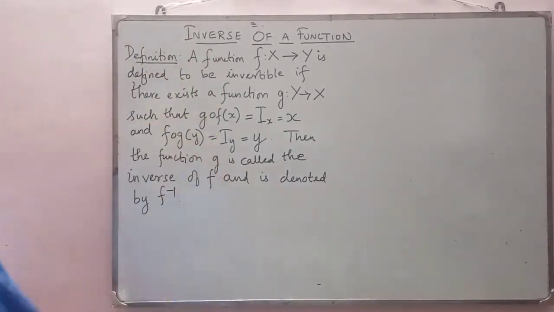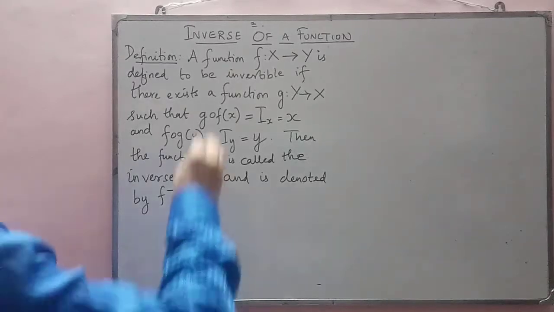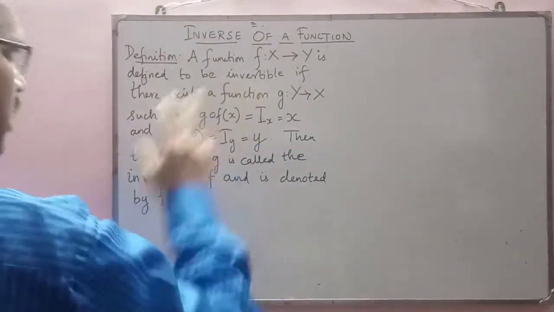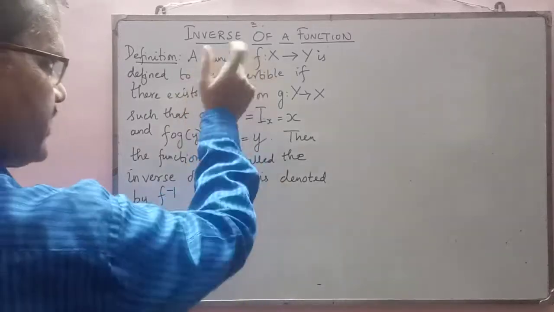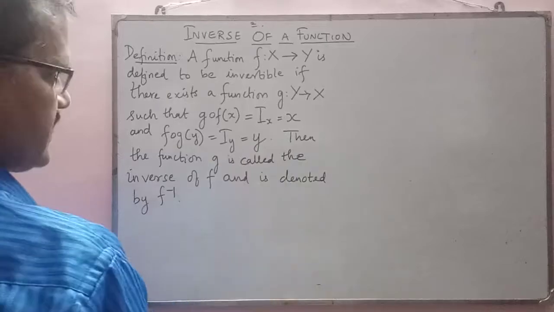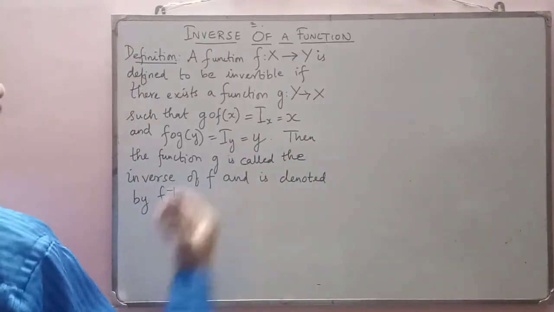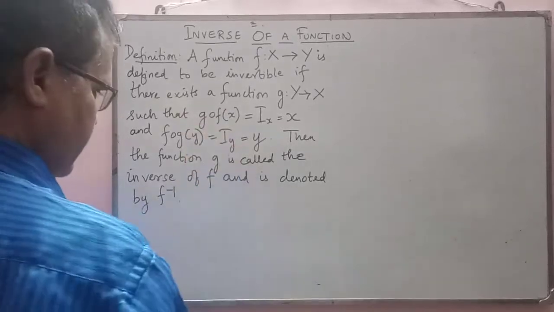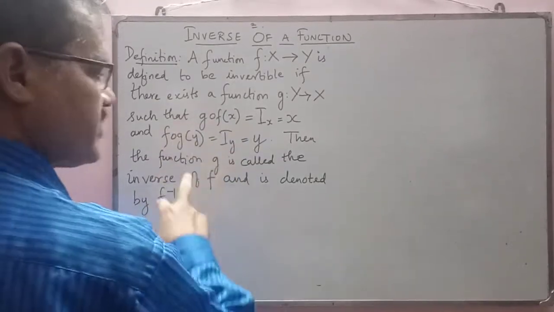What does this say? The definition says a function f from X to Y is defined to be invertible, that is, an inverse will exist for this f, if there exists a function g. Another function should exist from Y to X, codomain to domain, in such a way that g o f of x is a composite function.